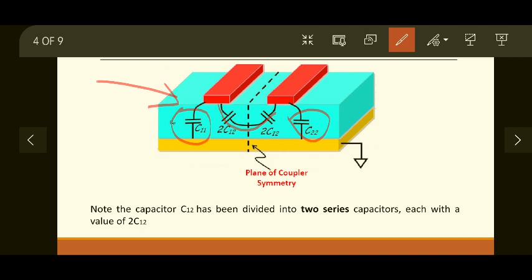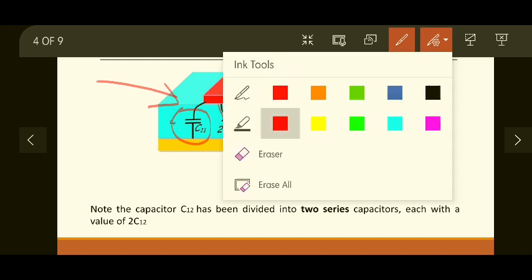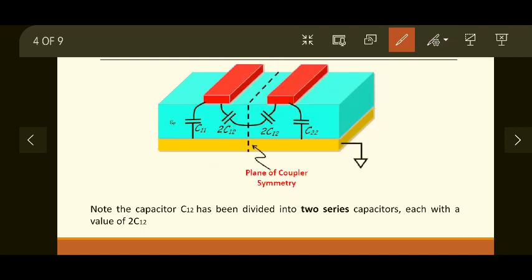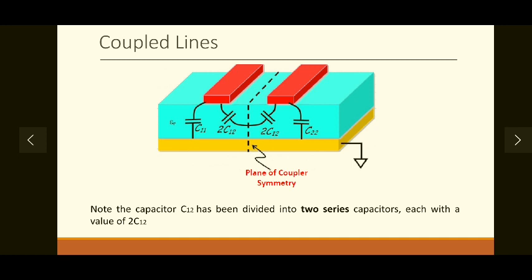So its equivalent capacitance will be 2C12 for each part of the coupler symmetry. Note that C12 has been divided into two series capacitors. Since capacitors are in series, their values will be 2C12. 2C12 in series with 2C12 gives you C12, not 4C12.